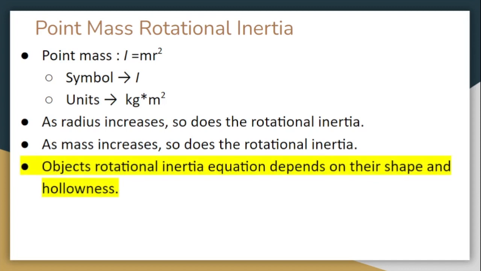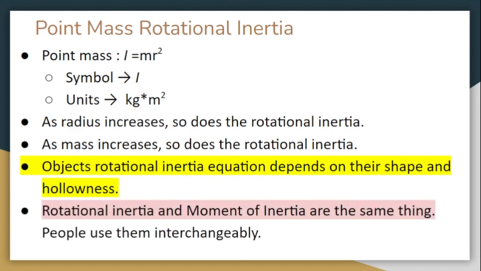An object's rotational inertia equation depends on its shape and hollowness. So if an object is solid, it's going to have a different rotational inertia than if the object were hollow. And you guys are going to hear me use rotational inertia and moment of inertia. They're the exact same thing.